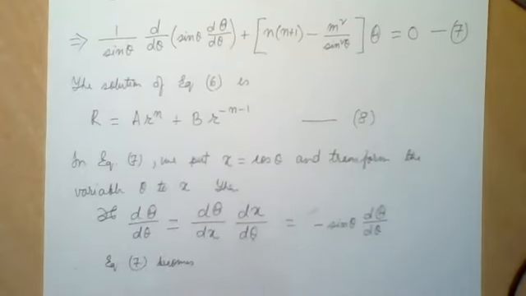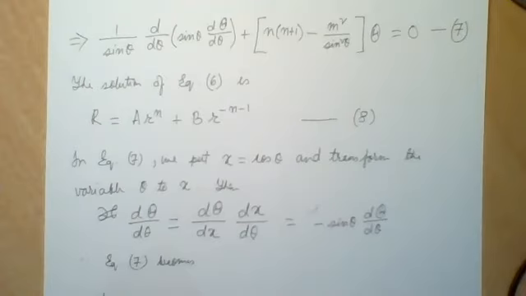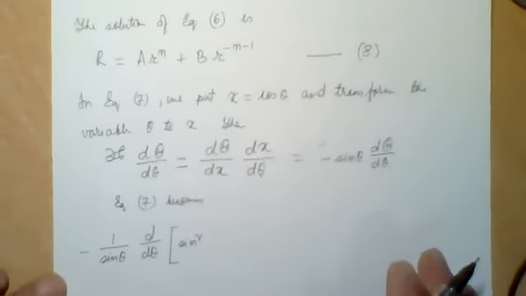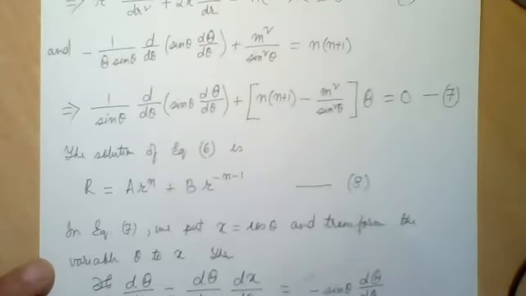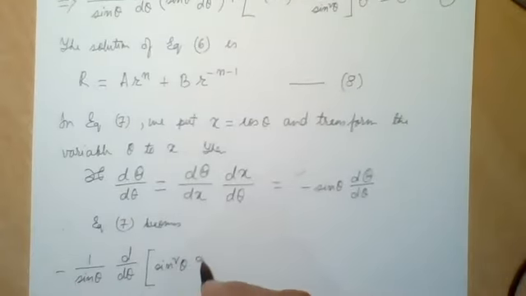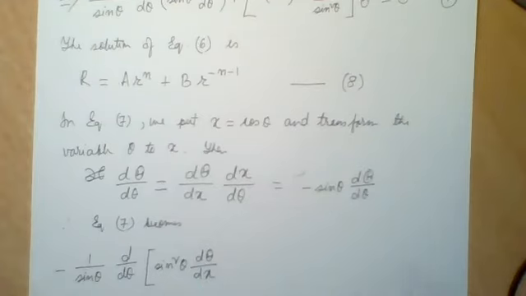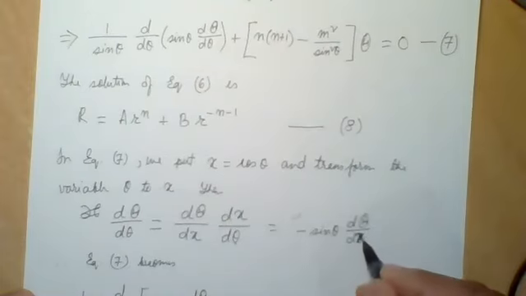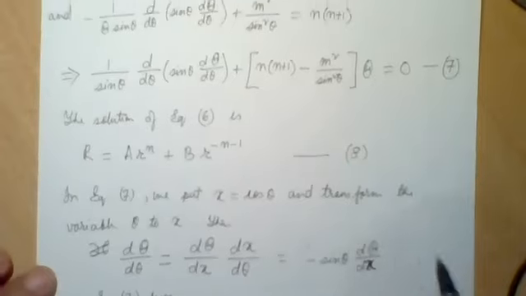So let us write it like this. We have minus 1 by sin theta d by d theta, then sin square theta d capital theta by dx.